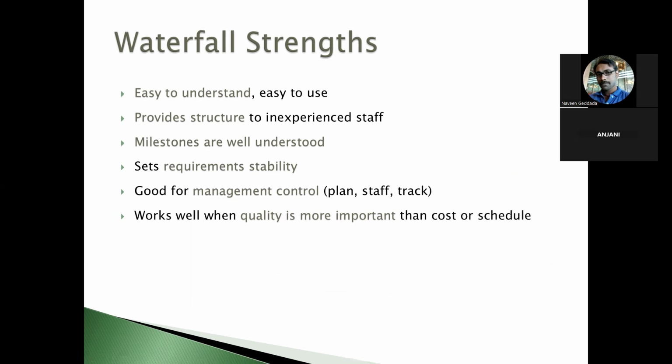This methodology also works well when the client is more focused on quality and is not very restricted about the schedule. He doesn't want to put deadlines on the delivery of the project.